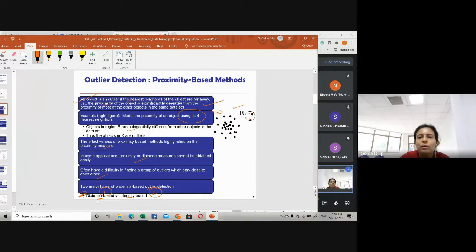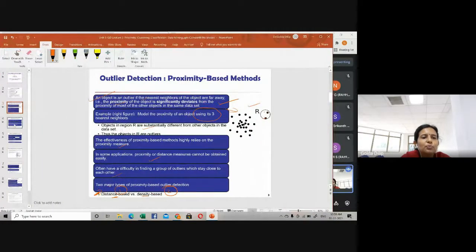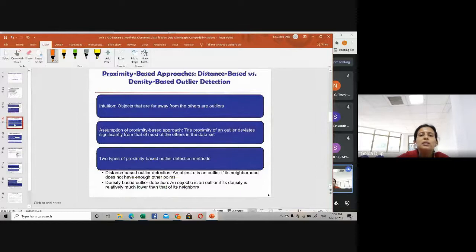First we will start with a comparison between distance based and density based outlier detection, the two categories into which proximity based methods fall.